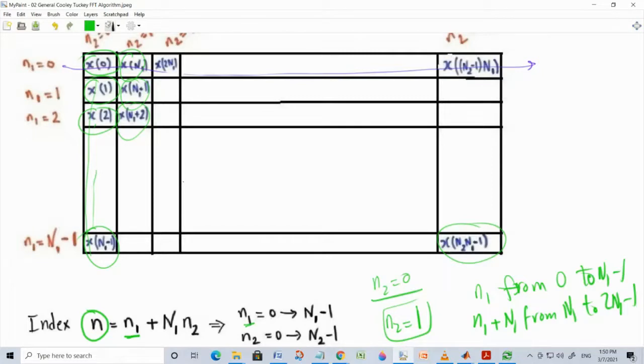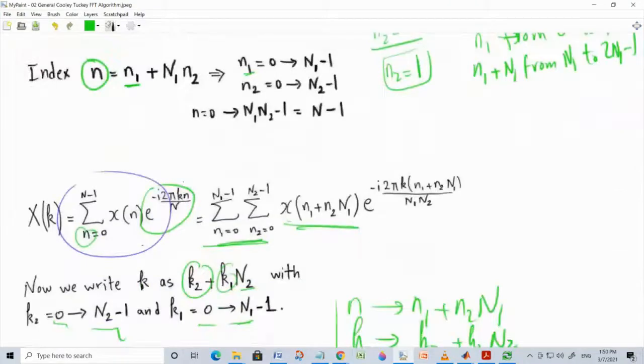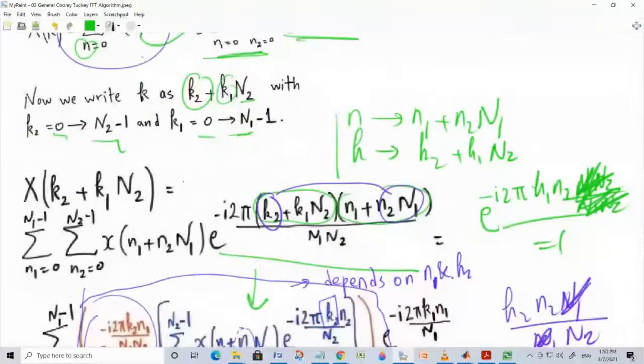How do we know that this algorithm actually works? Well, we did nothing. No approximation, no bounding or anything. It's just a rewriting of the DFT sum. We rewrite it using two sums rather than just one sum. We think of small n and small k as basically two indices each. We split n into n1 and n2. We split k into k1 and k2.